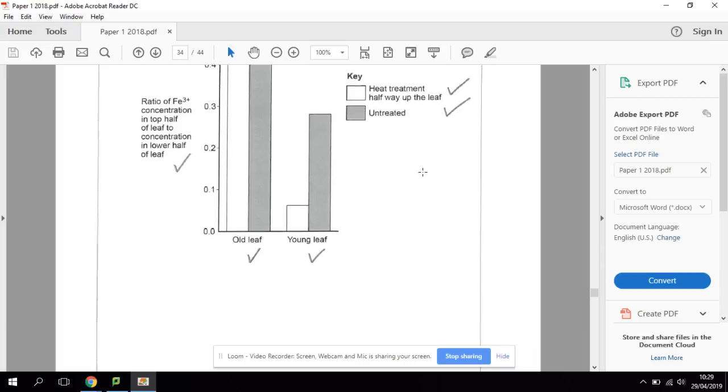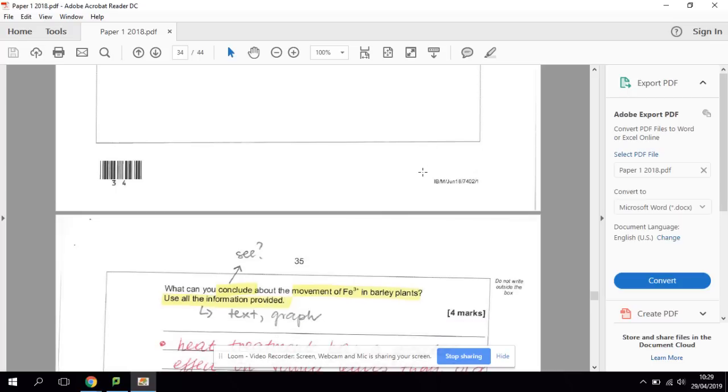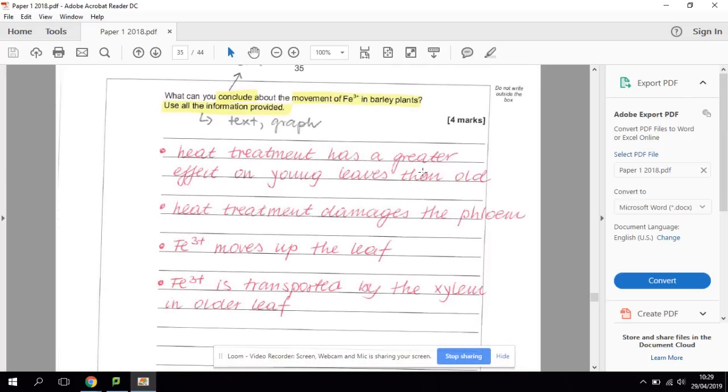So what can you conclude? What you can conclude is using the information, using your knowledge, the text and the graph about the movement of ions. We don't have any statement, it's up to you now.